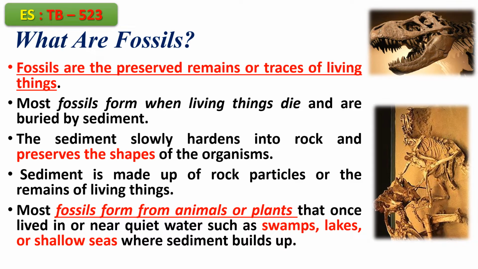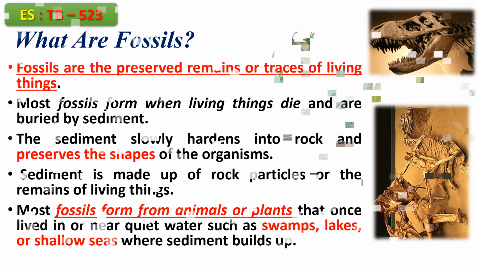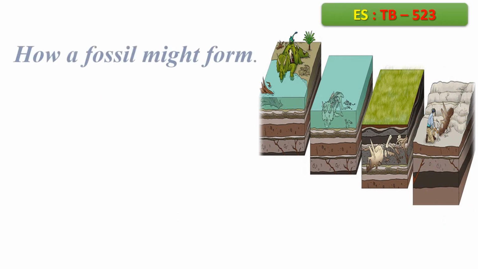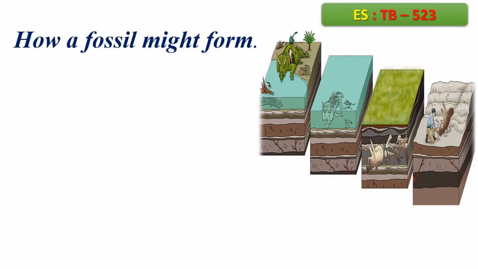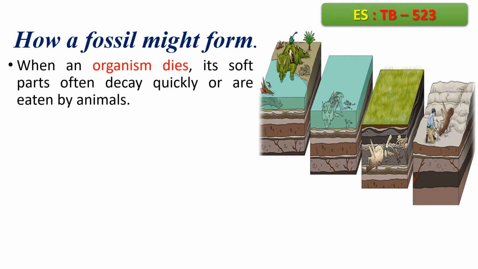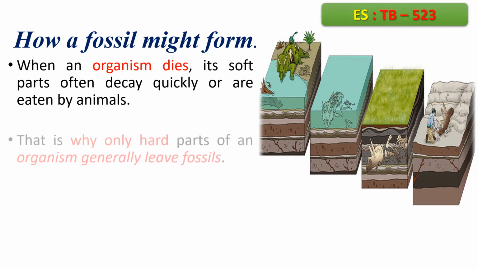Most fossils form from animals or plants that once lived in or near quiet water, such as swamps, lakes, or shallow seas, where sediments build up. How a fossil might form: when an organism dies, its soft parts often decay quickly or are eaten by animals.